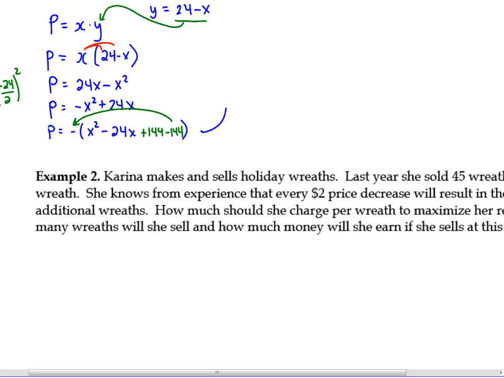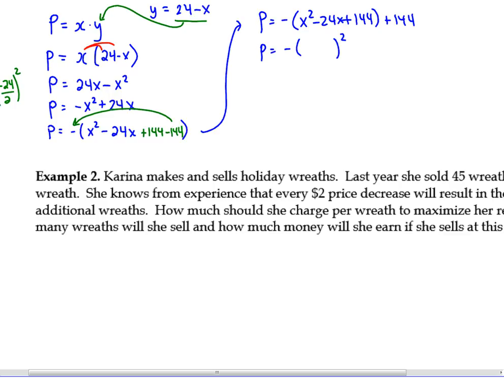So this becomes negative, x squared minus 24x plus 144. And what's on the outside? Plus 144.